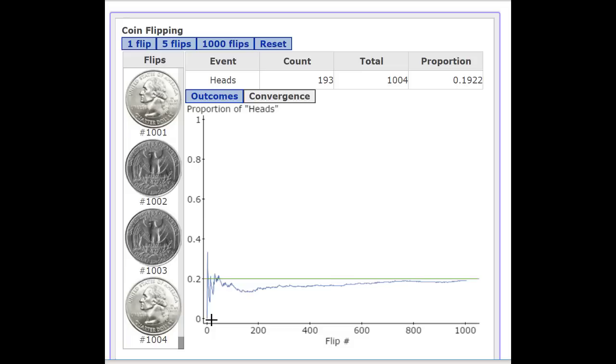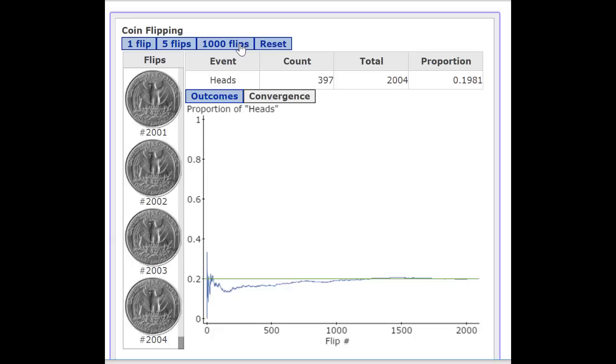If I divide 193 divided by 1,004, we get this proportion of 0.1922. And so as you can see, as we started flipping coins, the proportion of heads started dancing above and below the green line. But as we do more and more of these, this blue line, the running proportion of heads, gets infinitely close to the result of 0.2, which is the proportion that this coin is intended to produce.